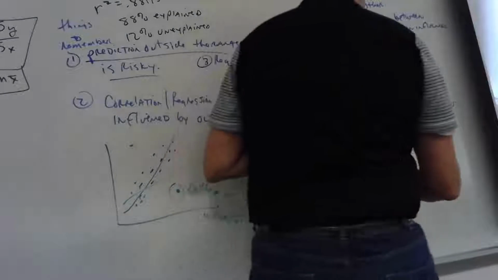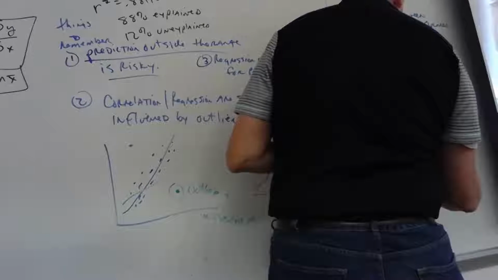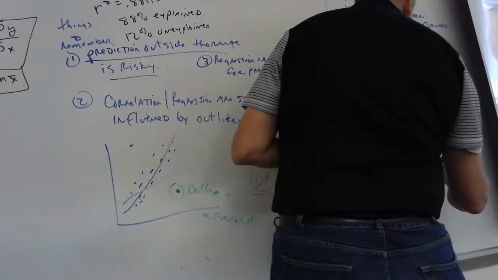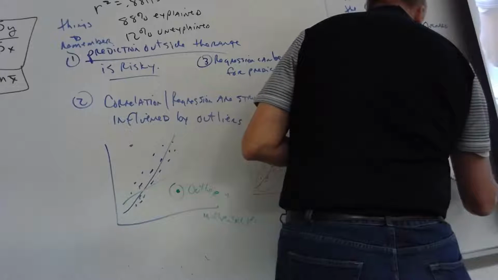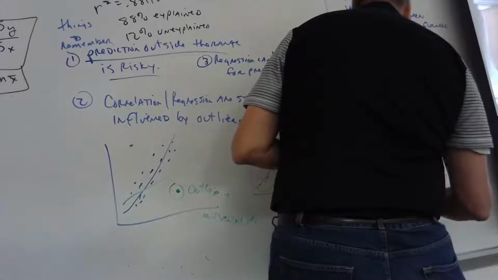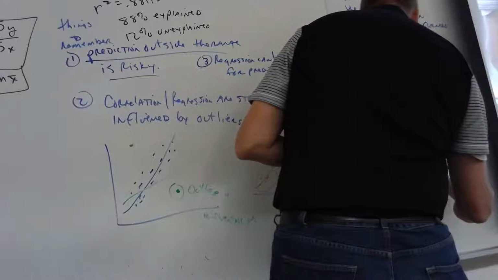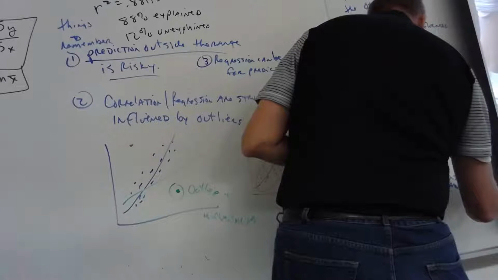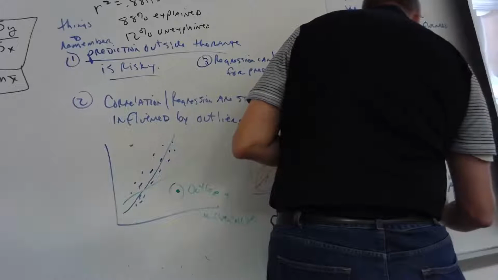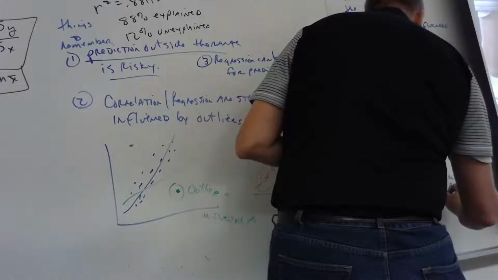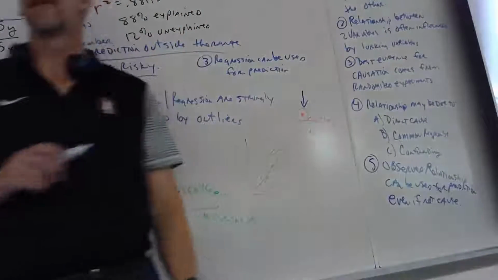But step 5, observed relationship can be used for prediction, even if not cause. Okay?